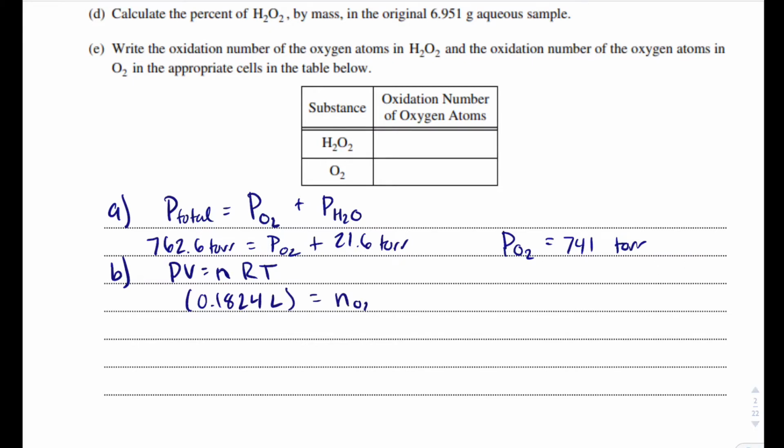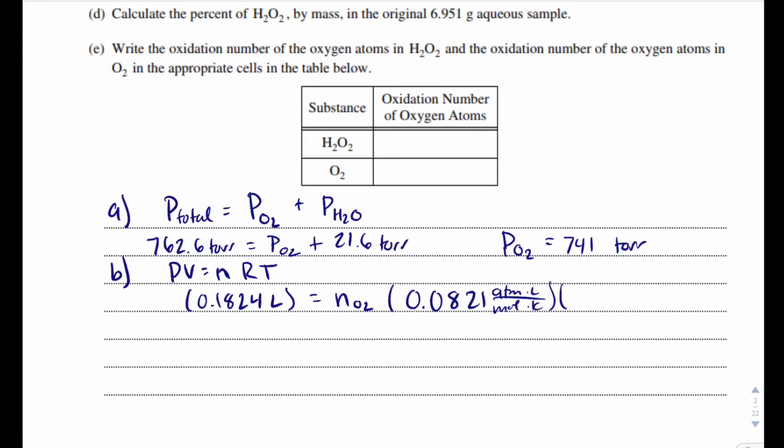We want to know the moles of oxygen. The only R that I ever use is 0.0821 atm times liters divided by moles times Kelvin, which tells me that I need to get my pressure from torr to atmospheres.